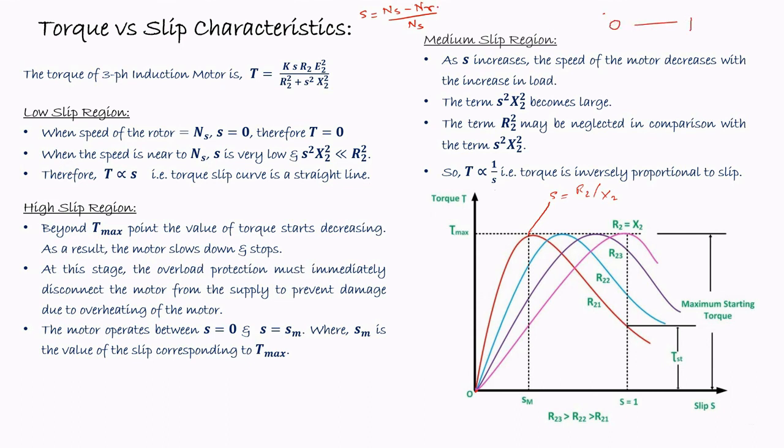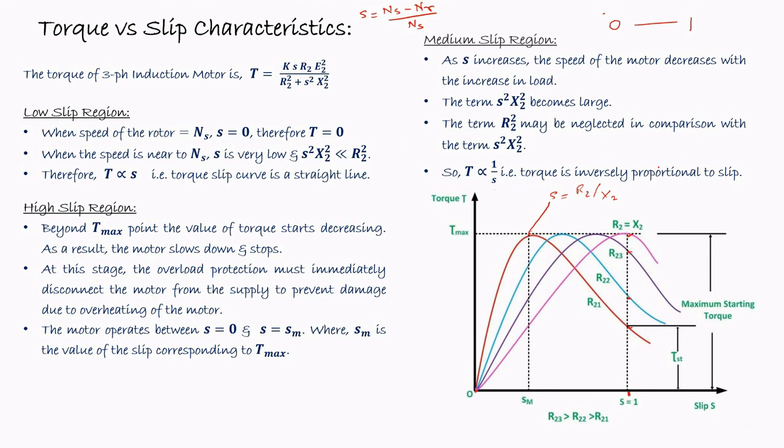When Nr is equal to 0, slip will be 1, and when Nr is equal to Ns, slip will be 0. Therefore, the slip varies from 0 to 1, or we can say from 1 to 0. When slip is equal to 1, it is considered as the starting condition. So here, this point shows the starting condition, and the corresponding torque is considered as the starting torque.